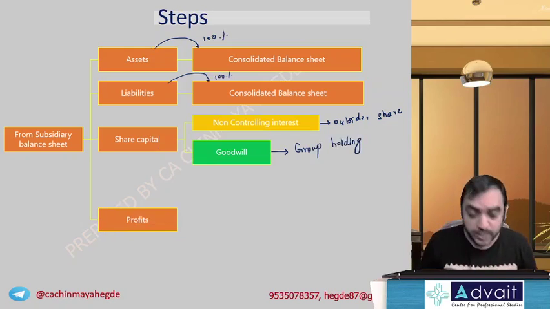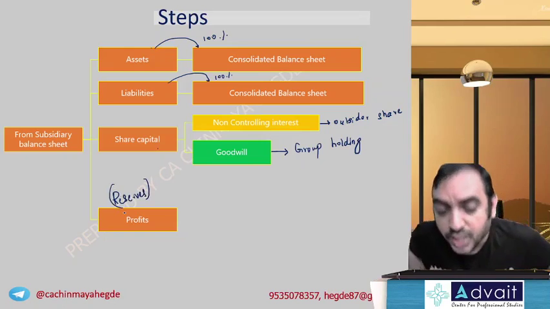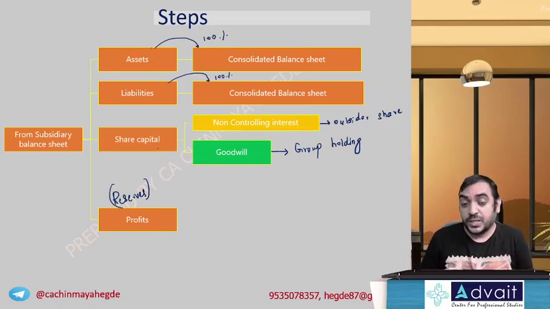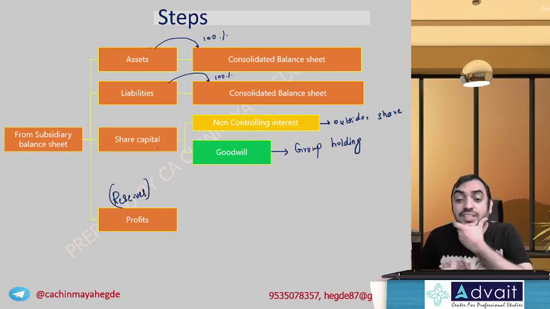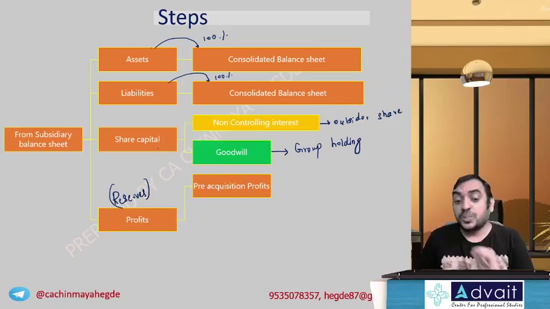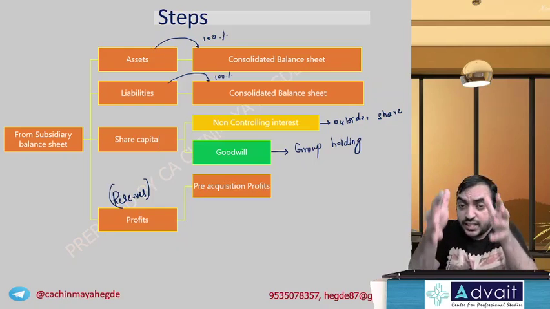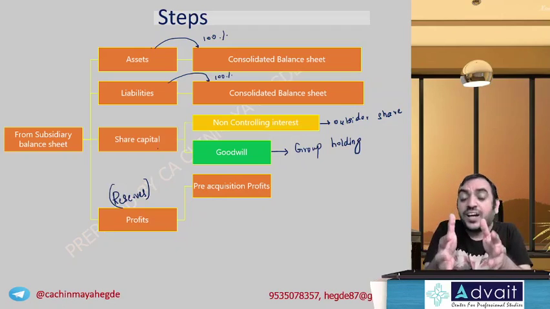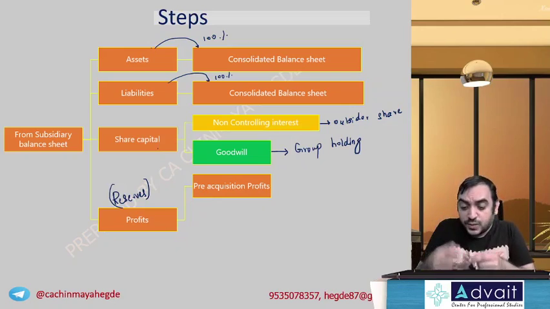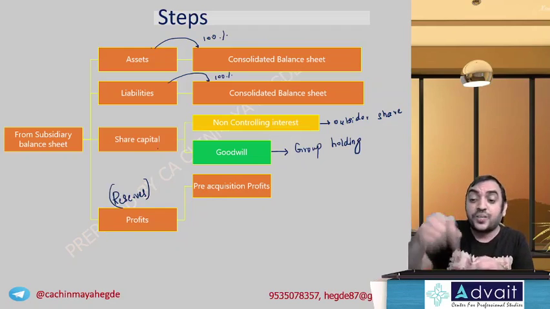Profits, reserves and surplus. When I say profits, I mean reserves or other equity. Now, reserves will be transferred to two elements. One, pre-acquisition profits. Why? Recollect, when they give you the balance sheet on the date of consolidation, it includes reserves. These reserves include profit made before acquisition and profit after the date of acquisition.